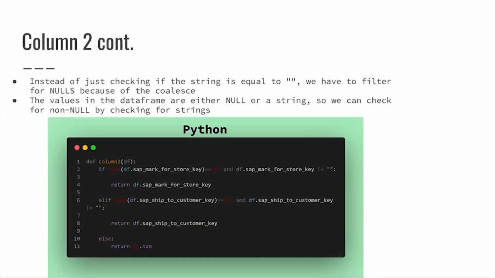So now if we take a look at just the Python aspect of this, we also need to incorporate the property of coalesce that removes the null values. So by simply comparing the store key and customer key to see if it's of type string, that will provide the same thing that the coalesce gives with the removal for nulls.